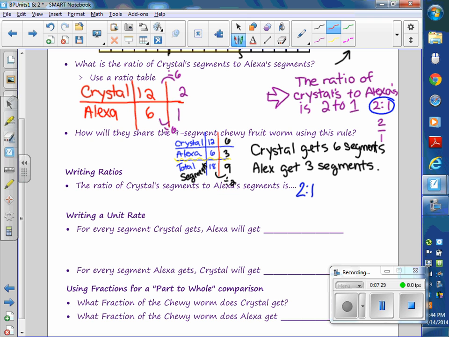Well, I have to make the ratio table bigger, because when it says for every segment, remember that's a unit rate. For every 1 segment is what you have to think about, so you have to make this a 1. So you have to do a division problem again, divide by 2, because 2 divided by 2 is 1, and 1 divided by 2 is 1/2. Alexa will get 1/2 of a segment.